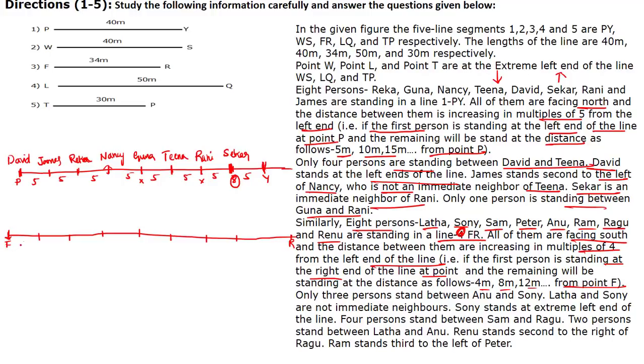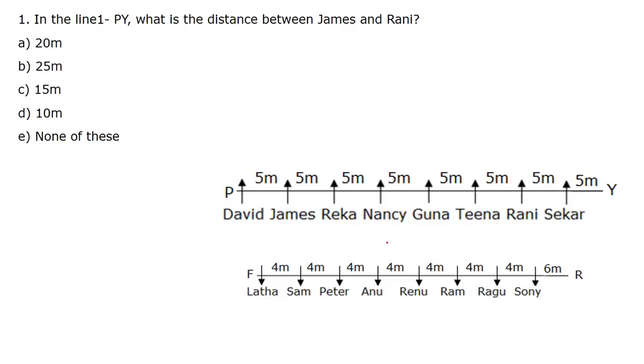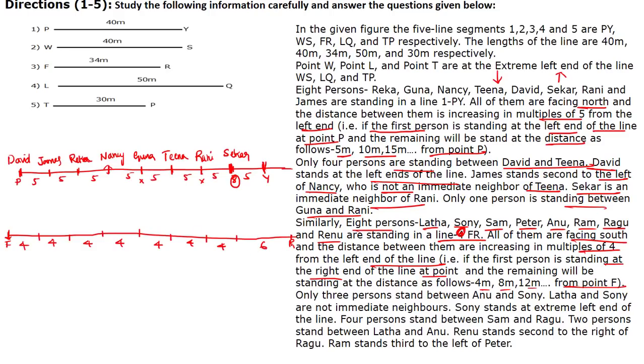So this is 4, this is 8, this is 12, 16, then 20, 24, 28, and from here to here it is 6 meters. I hope you got it. Sorry for this. From here to here it is 6 meters. That is 1, 2, 3, 4, 5, 6, 7, 8.